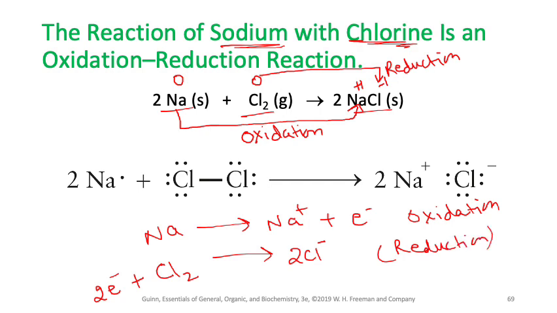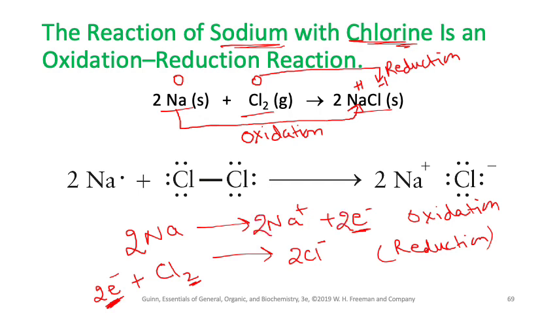But now the problem is sodium is donating just 1 electron to convert into 1 positive charge, right? But how many electrons does chlorine need? Each chlorine needs 1 electron to get a stable octet of 8 electrons. You have 2 chlorine atoms, so it needs 2 electrons, but sodium is giving 1, so you have to balance it, right?